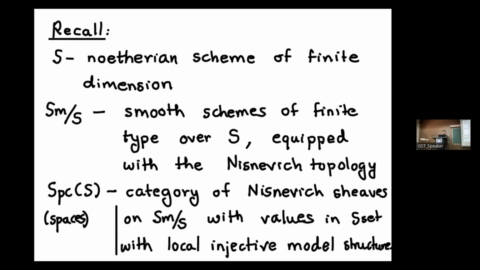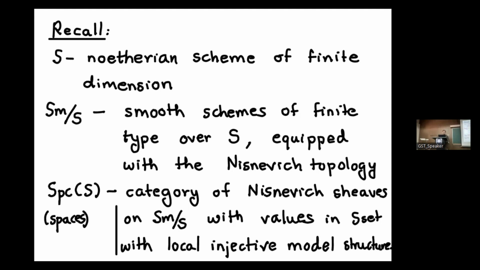And then we looked at the category of Nisnevich sheaves on this category, which take values in the category of simplicial sets. As you may recall, I did give the formal definition of those, but the idea is that a simplicial set is combinatorial data, which tells you how to put together simplices into a topological space. And then we just forget the topological space part of it and just use the data, which is equivalent to understanding the topological space as far as the algebraic topology is concerned.